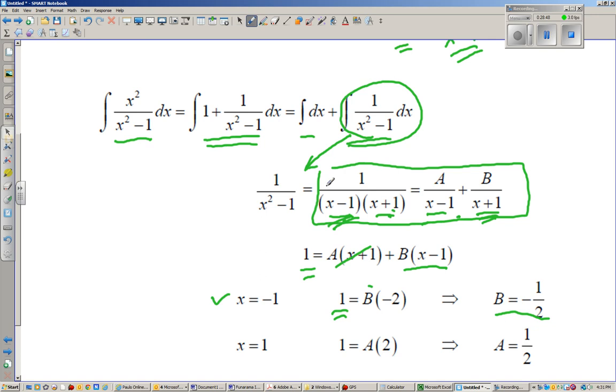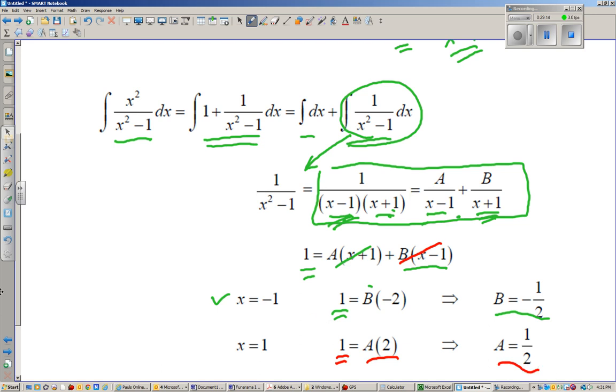And then if I came back at it one more time and I said, my other zero of the denominator would be a 1, and if I put a 1 in, well, the left side is 1, it's always 1. But if I came over to the right side, wouldn't this one go away this time, and wouldn't I get 2a, and then divide both sides by 2, and I'd get a as 1/2.